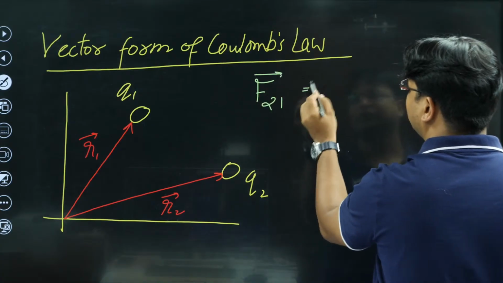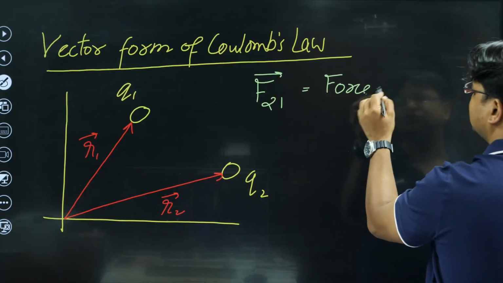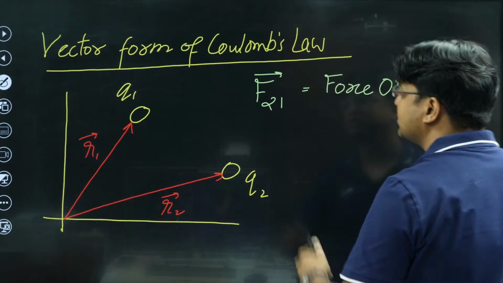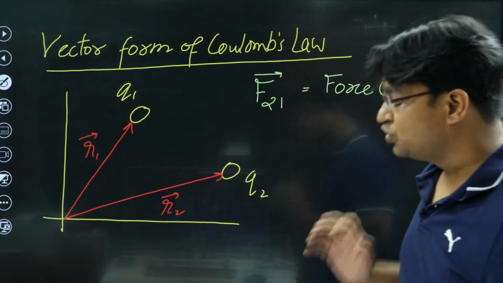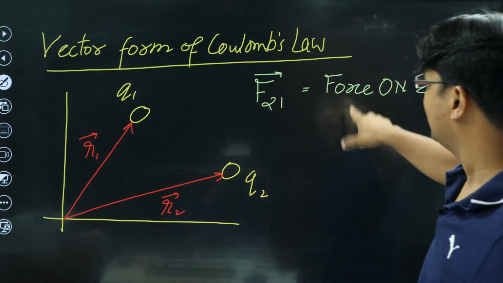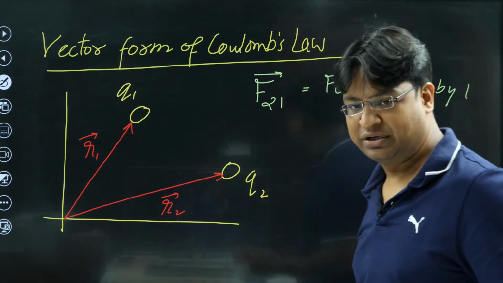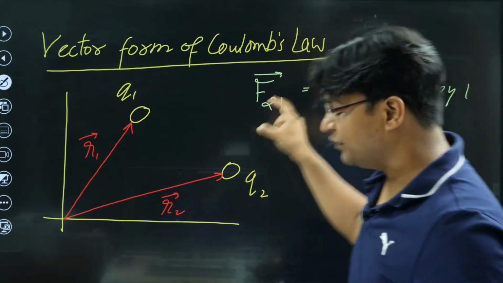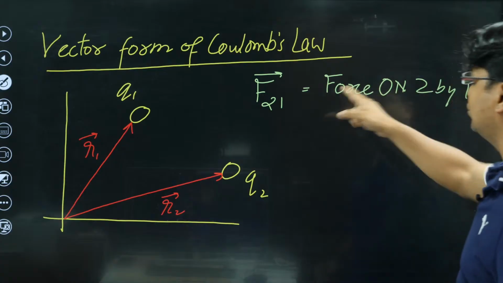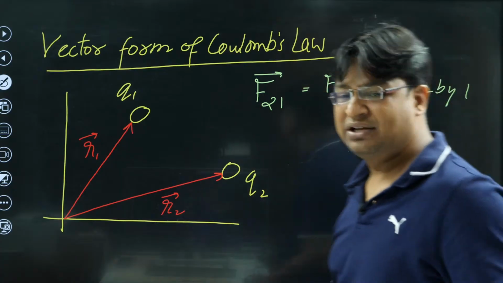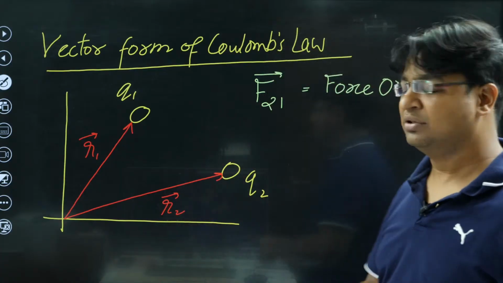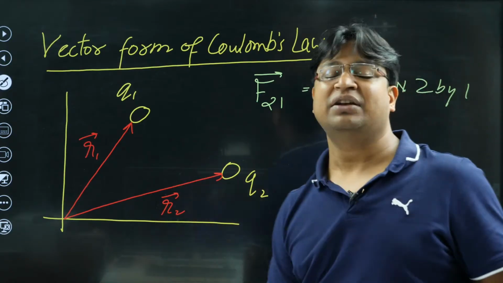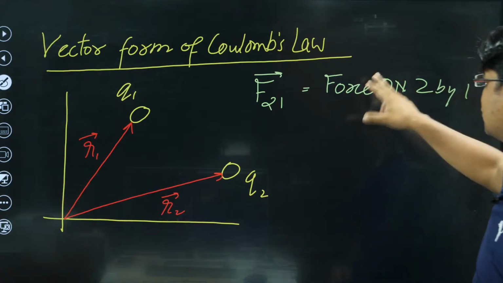F21 would mean force on 2 by 1. This is our choice. Whatever number I am writing first, I am writing the force on that particle, force on 2, and whatever number I am writing second, after the first one, that particle would be exerting the force. So force on 2 by 1.